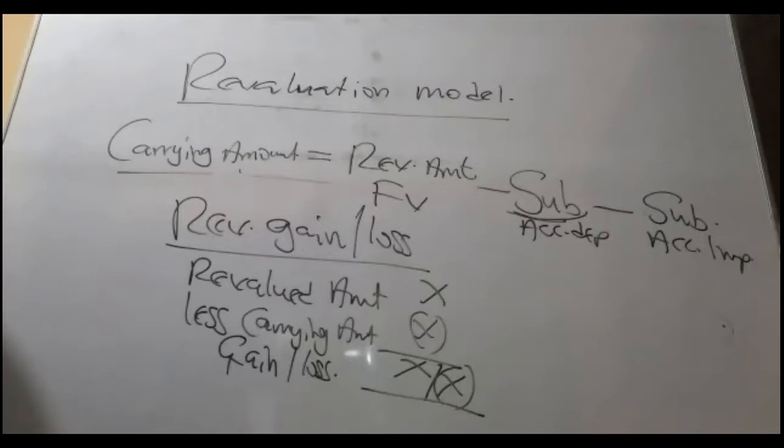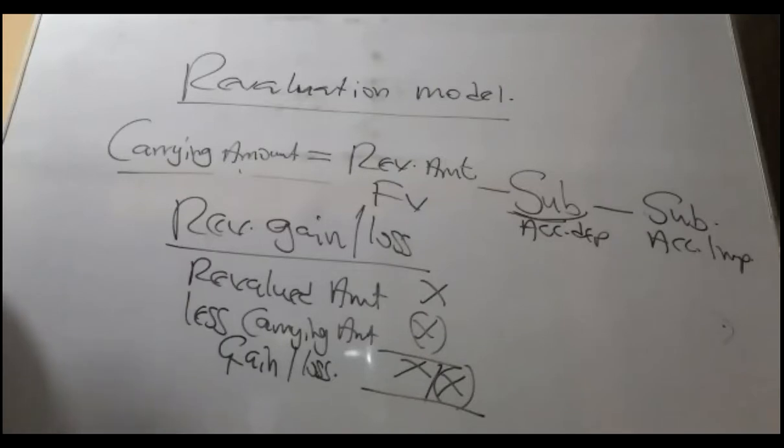Last week we ended at the calculation of the excess depreciation plus the calculation of the revaluation gain or loss. So today we are going to continue with the treatment of the revaluation gain.